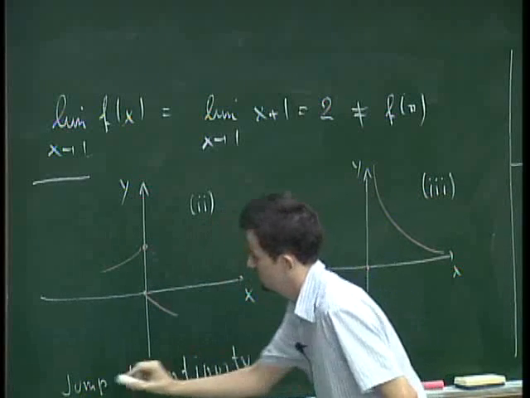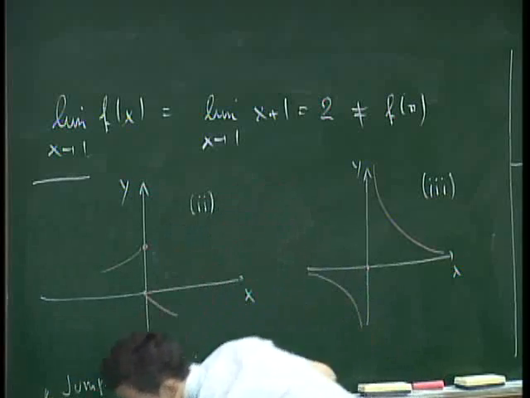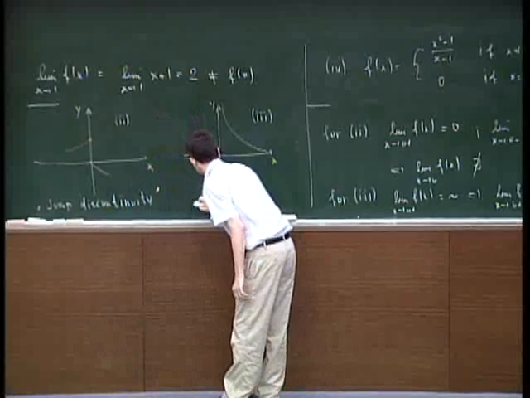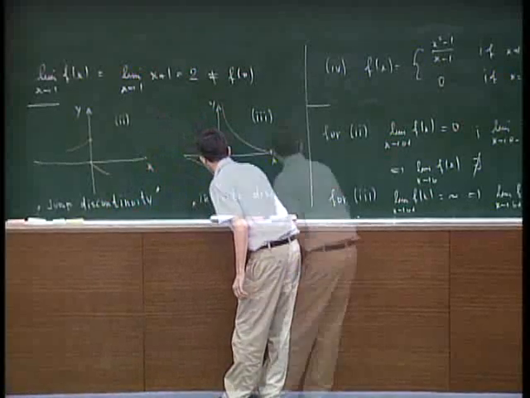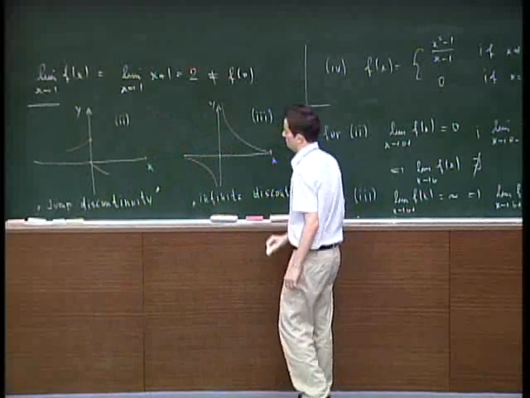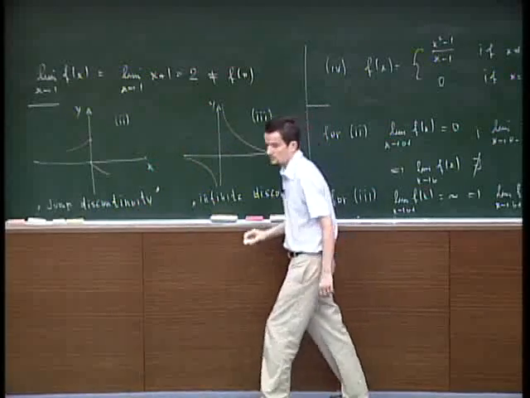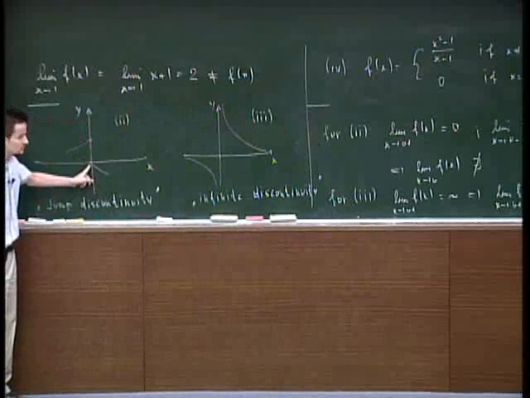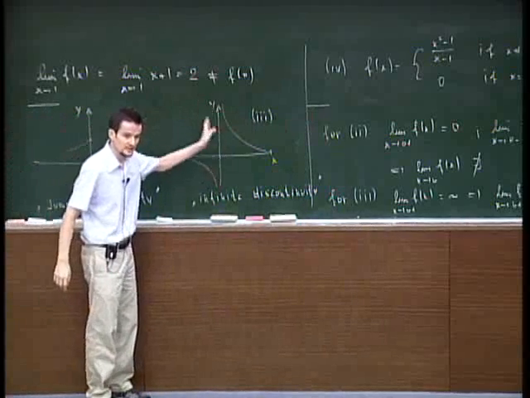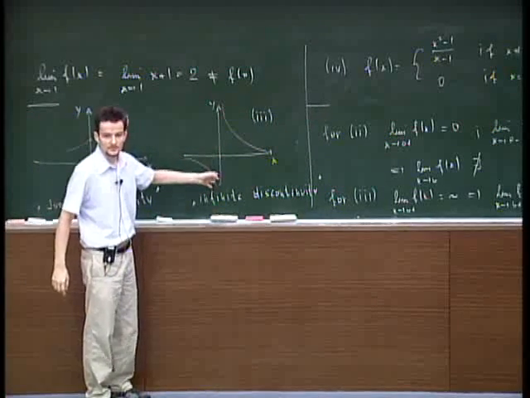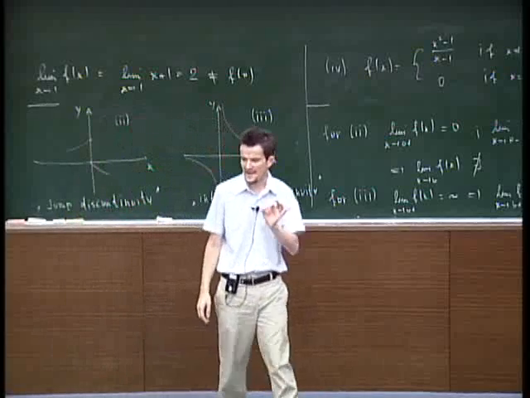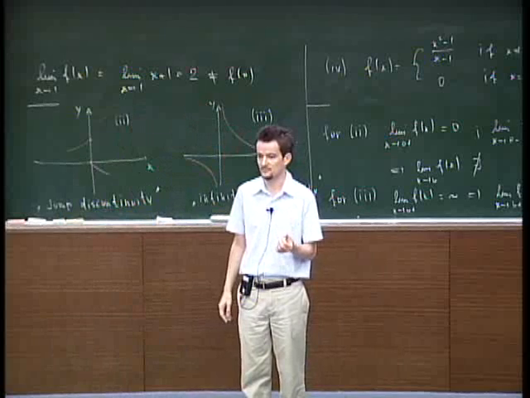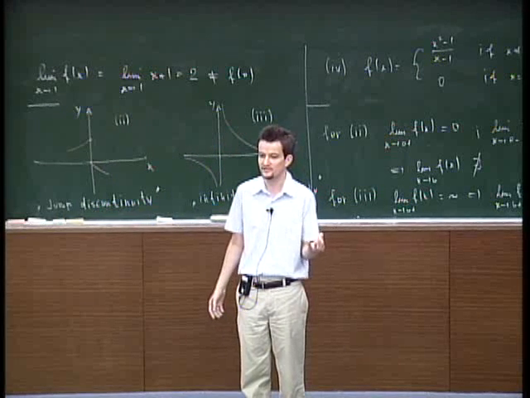So in those two cases, if the function jumps at some point, or tends to infinity in some direction, there is no hope to repair the function at that point such that it gets continuous, because the limit does not exist, so you cannot do anything.